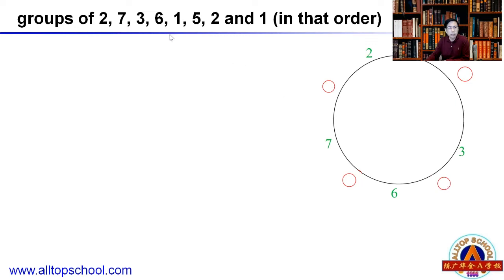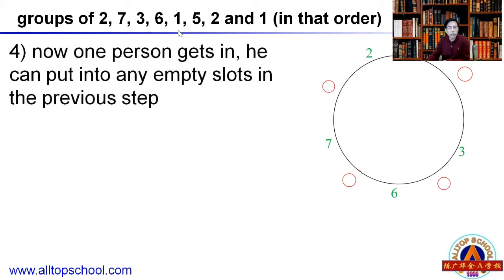Now we only have 1 person getting in. He can be seated anywhere in the empty seats available. So we don't need to worry about this 1 person to this point. The next one will be the group of 5 people.